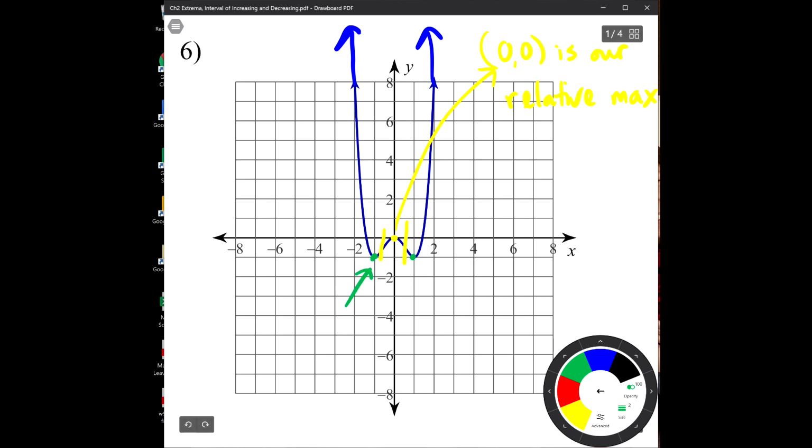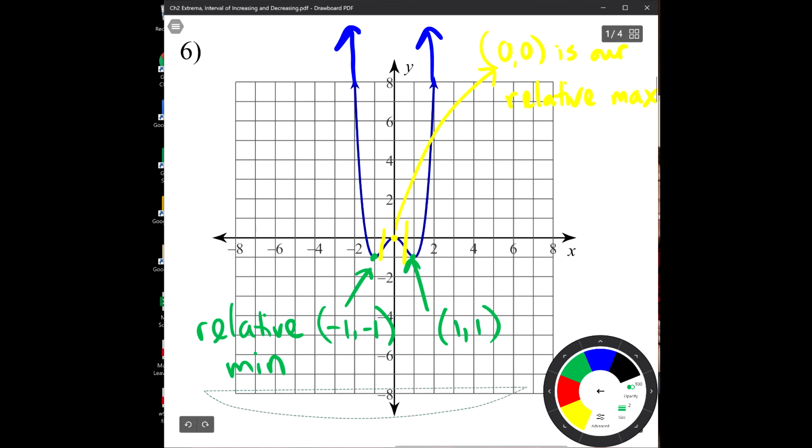So now it becomes relative min instead of global min because we have two of them. So we have -1, -1 and 1, 1. All right. Let's move on and do one more practice together.